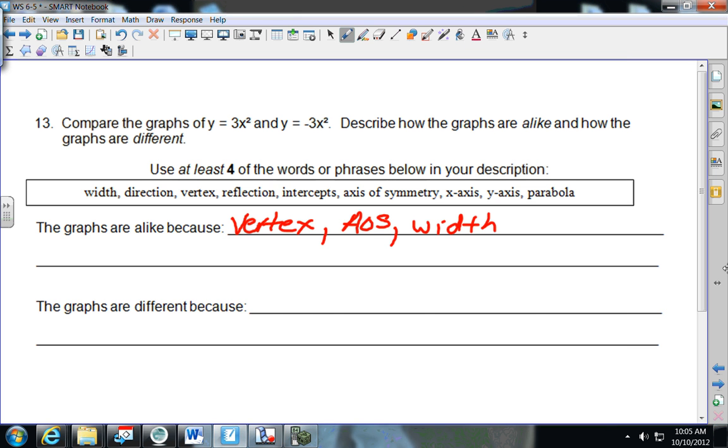is the same. How they are different is because of the direction. One opens up and the other down.